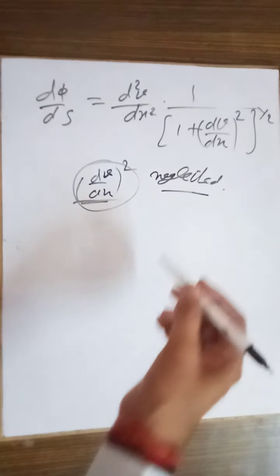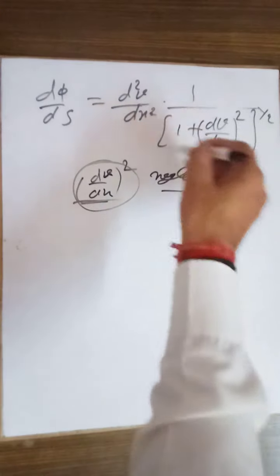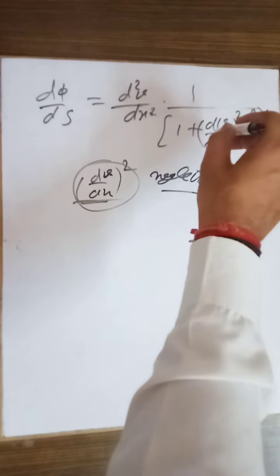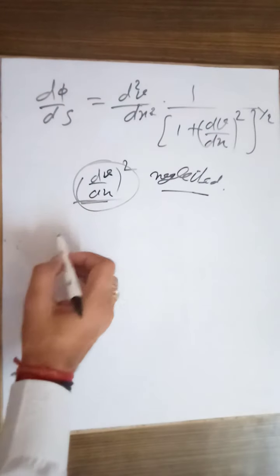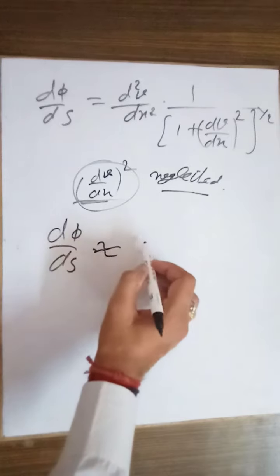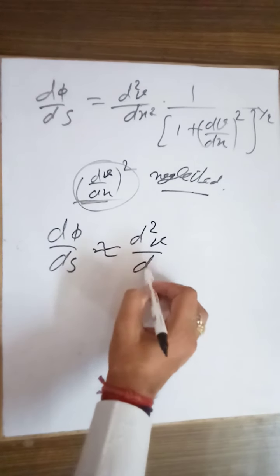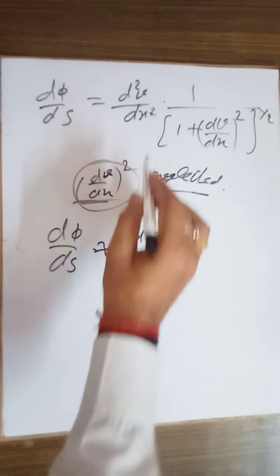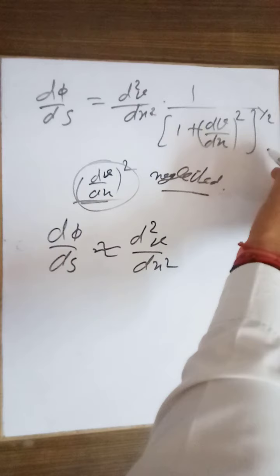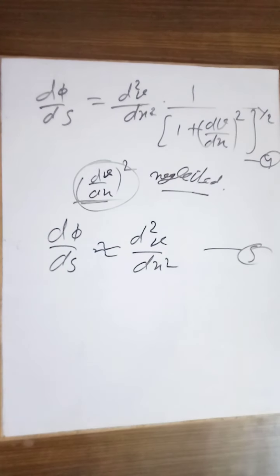If we neglect this term from this equation, what will be the result? This term is neglected, and finally this will be almost 1. So we can write that d phi by ds is almost equal to d2v by dx2, this term only. So this is our equation number 4, it was fourth, and it is our equation number 5.